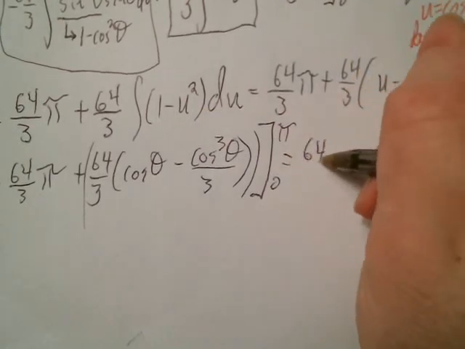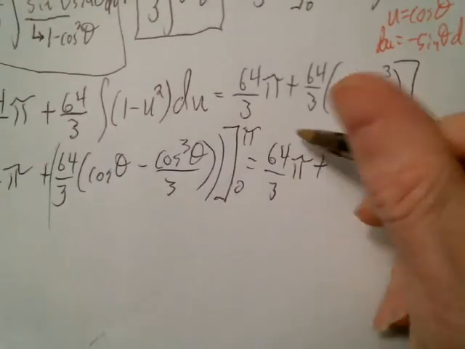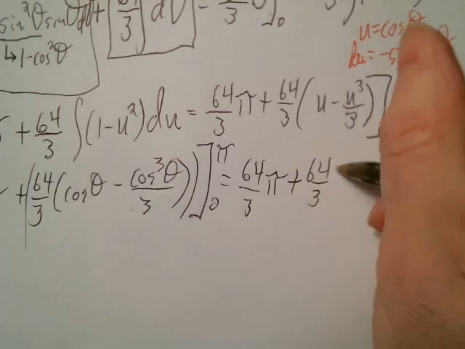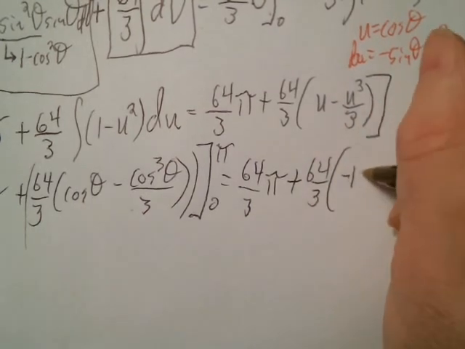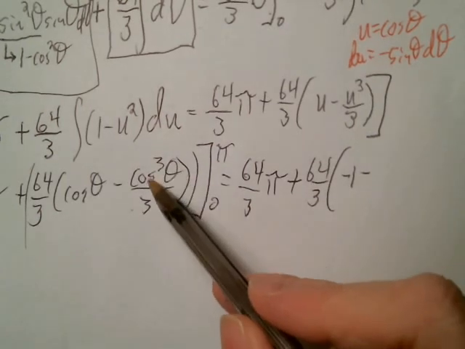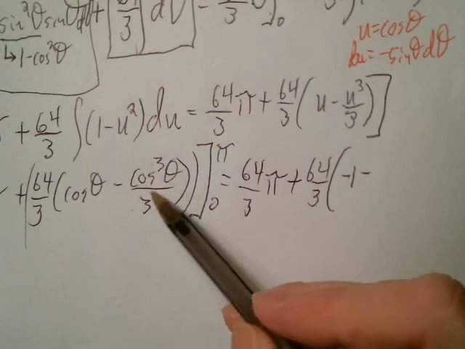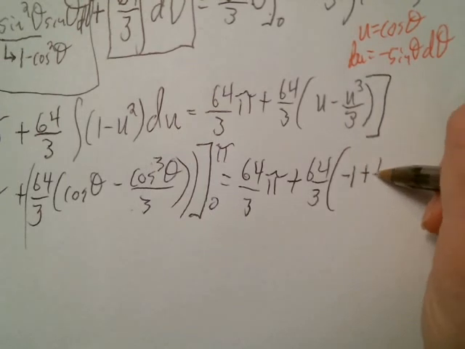So this will be 64 thirds pi plus, if I put in pi into this thing, what do I get? Well, I get 64 thirds times cosine of pi is -1, so I have a -1 minus cosine of pi, -1 cubed is -1. So I'll have -1, which is +1, all over 3. So this will be plus 1 over 3.